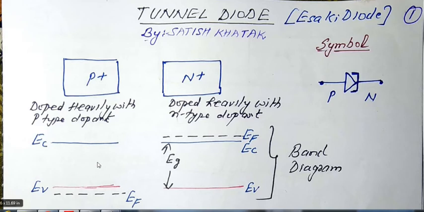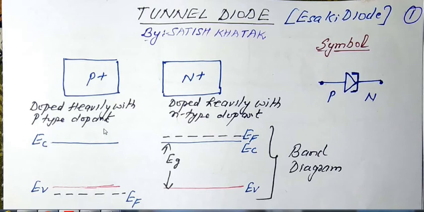Now here we can see in this energy gap diagram, this is EC, which is bottom of the conduction band for this, and this EV is the top of the valence band.